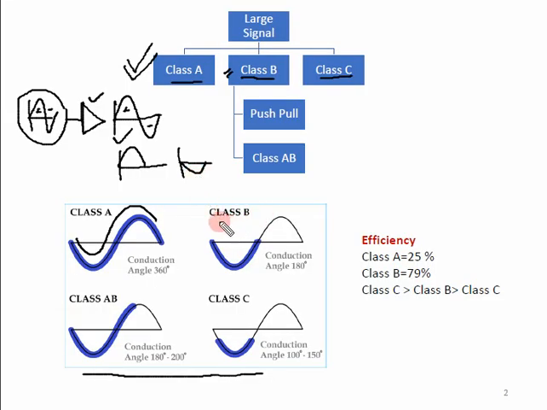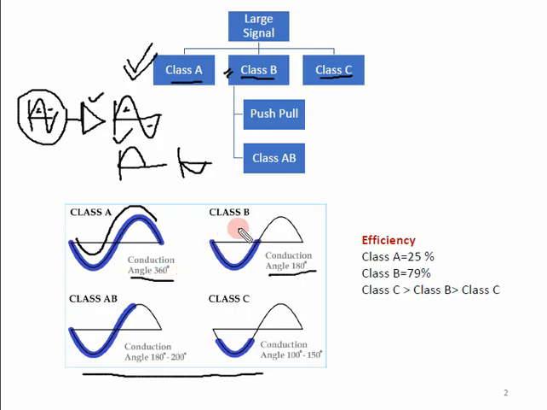You can see the conduction angle is 180 degrees, and the conduction angle for a class A amplifier is 360 degrees.